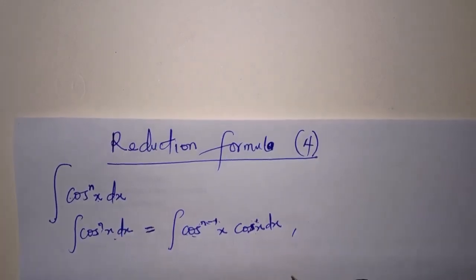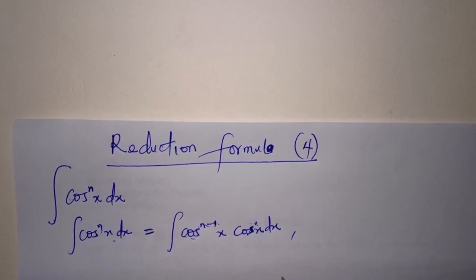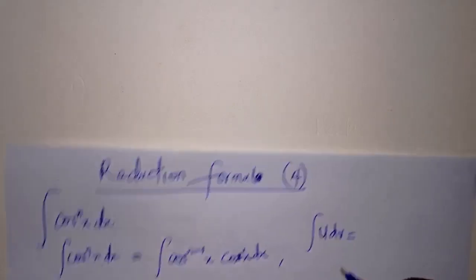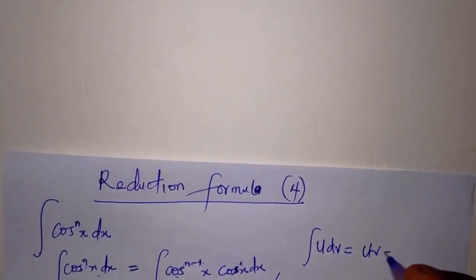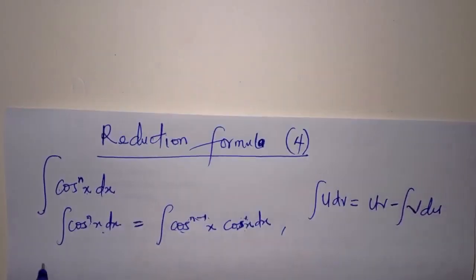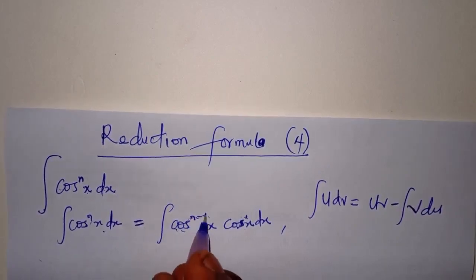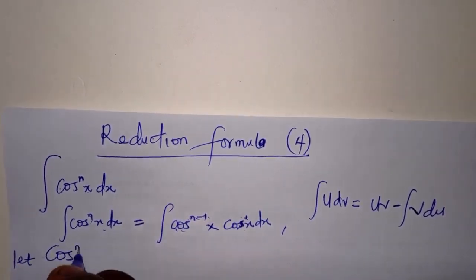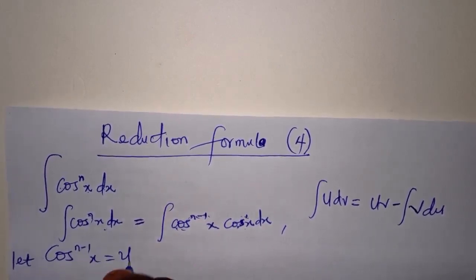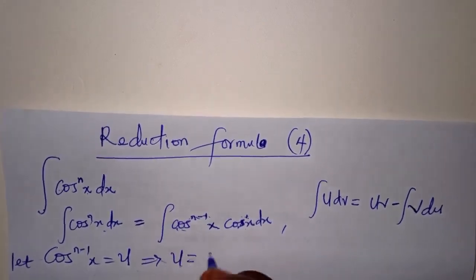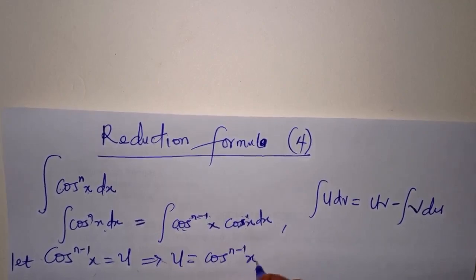Using the technique of integration by parts, the integral of u dv is equal to uv minus the integral of v du. We choose cos^(n-1) x as u. Let u be equal to cos^(n-1) x.